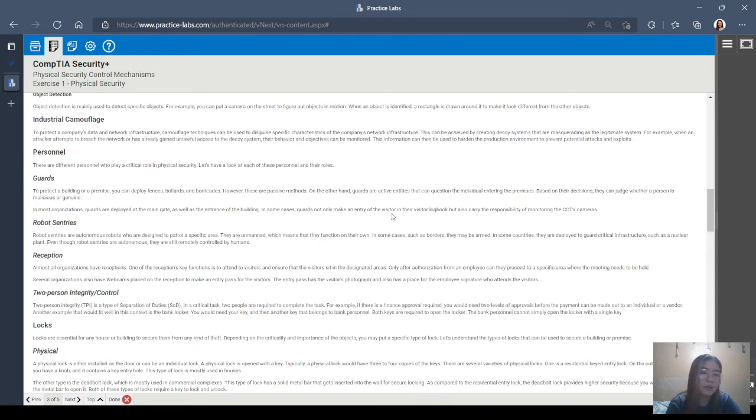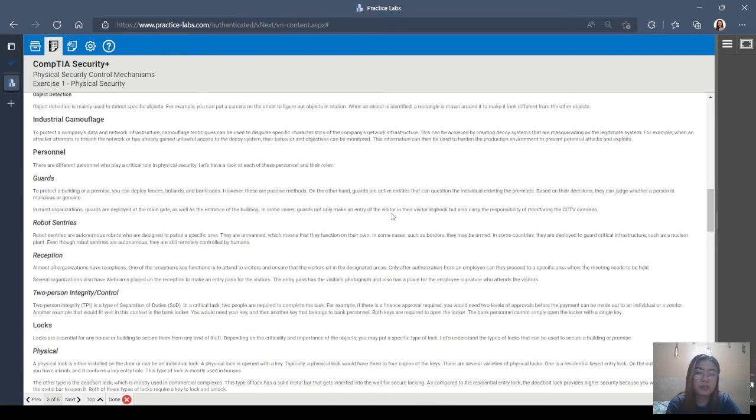For example, when an attacker attempts to breach the network or has already gained unlawful access to the decoy system, their behavior and objectives can be monitored. This information can be used to harden the production environment to prevent potential attacks and exploits.